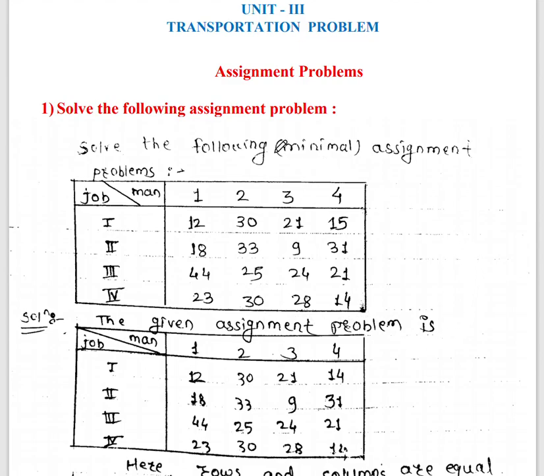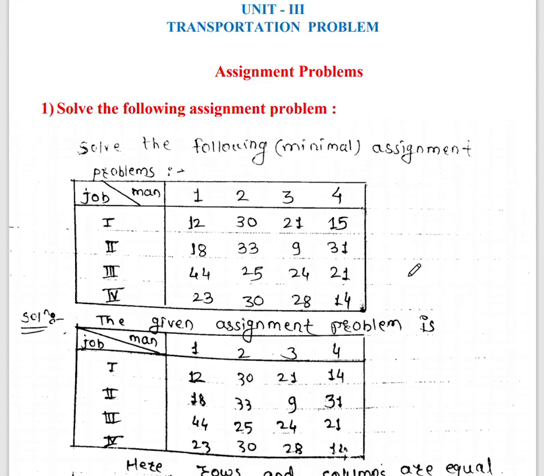So here we have to find out the minimal assignment of each job to a person. That means we have to find which job gets which person, which group of the person.